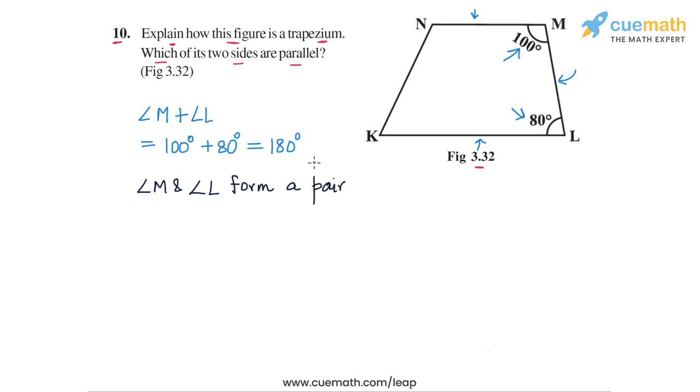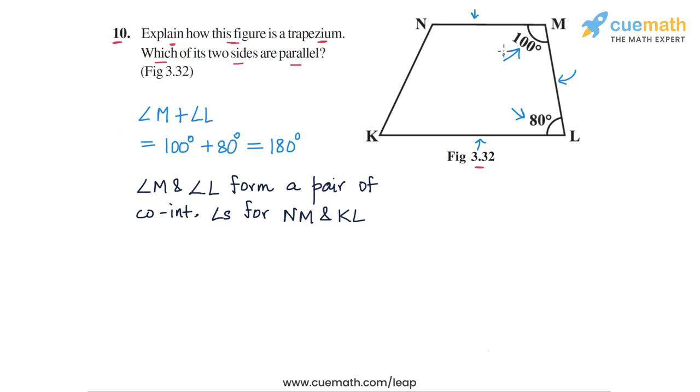Co-interior angles means interior angles on the same side of the transversal. So they form a pair of co-interior angles for the lines NM and KL.